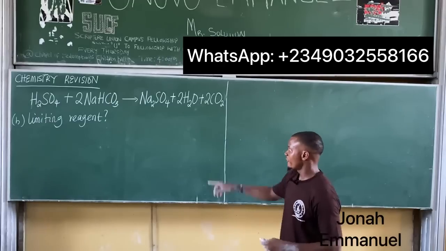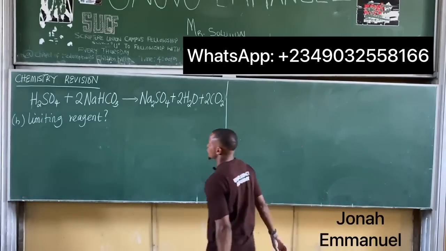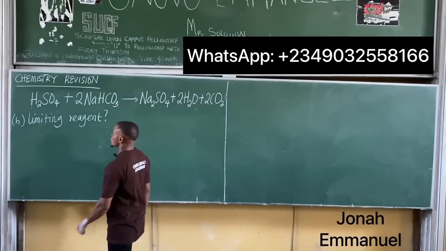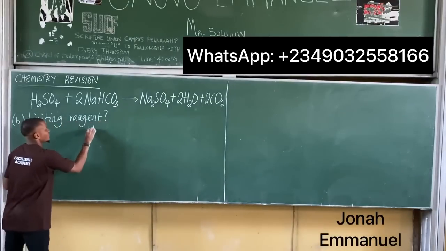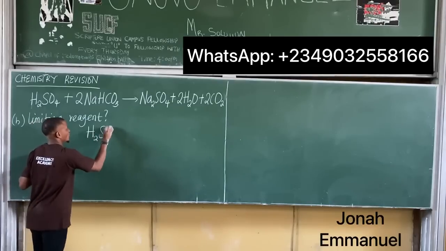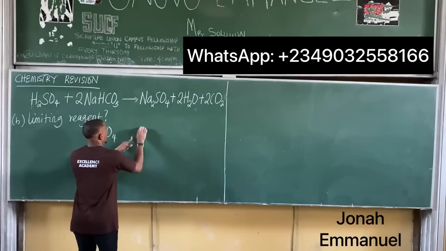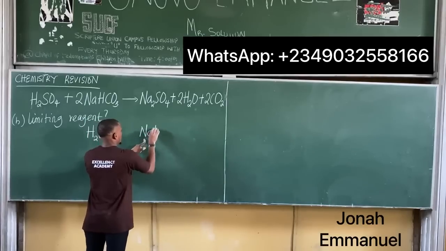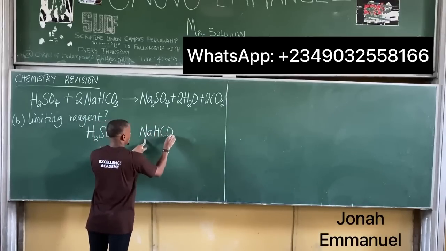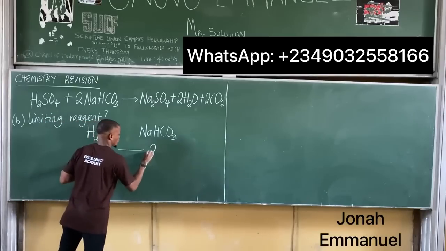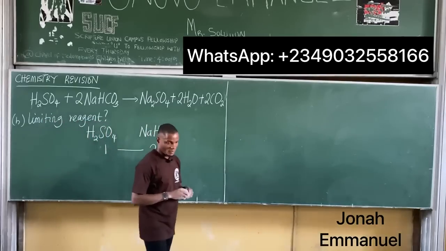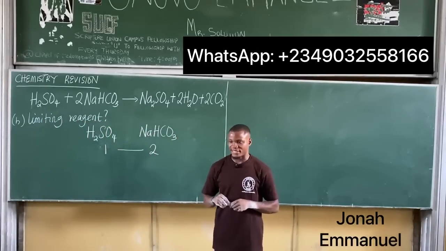Hence, H2SO4 and NaHCO3. So you know how we do this. This is 1, this is 2. So I have this. So the first one is settled.